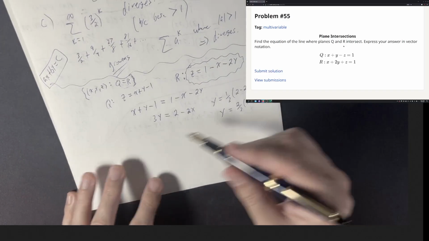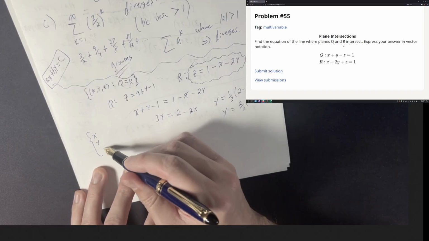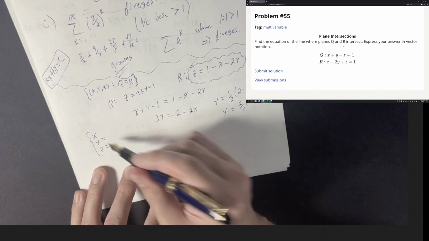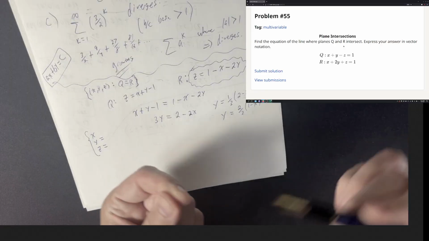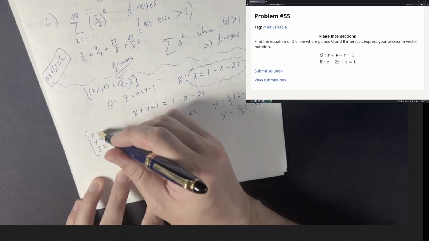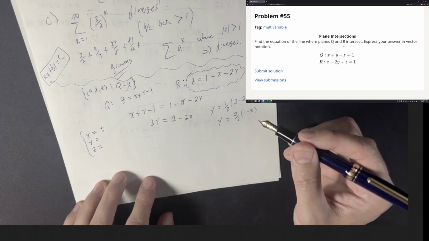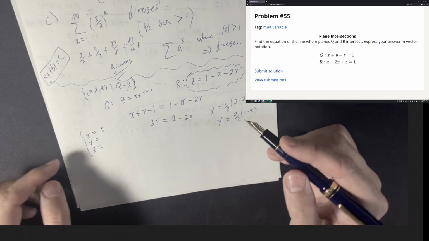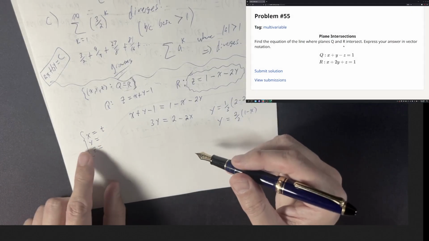So what you could do now is say, all right, we've got an x coordinate, and we've got a y coordinate, and we've got a z coordinate. One of these has to be a free variable. Usually you think of it as x. So what we could do is let x be t. That's our free variable. t could be negative, so t is just negative infinity to infinity is the domain.